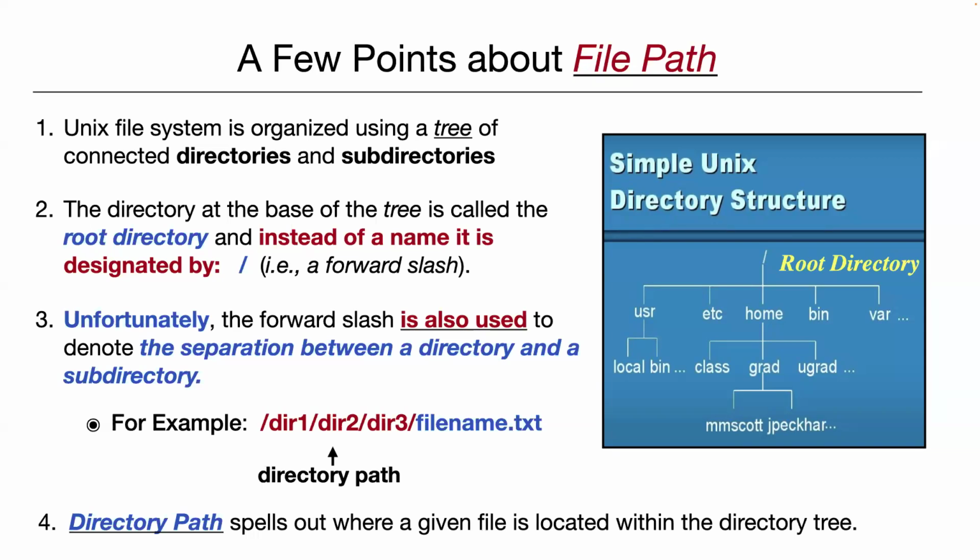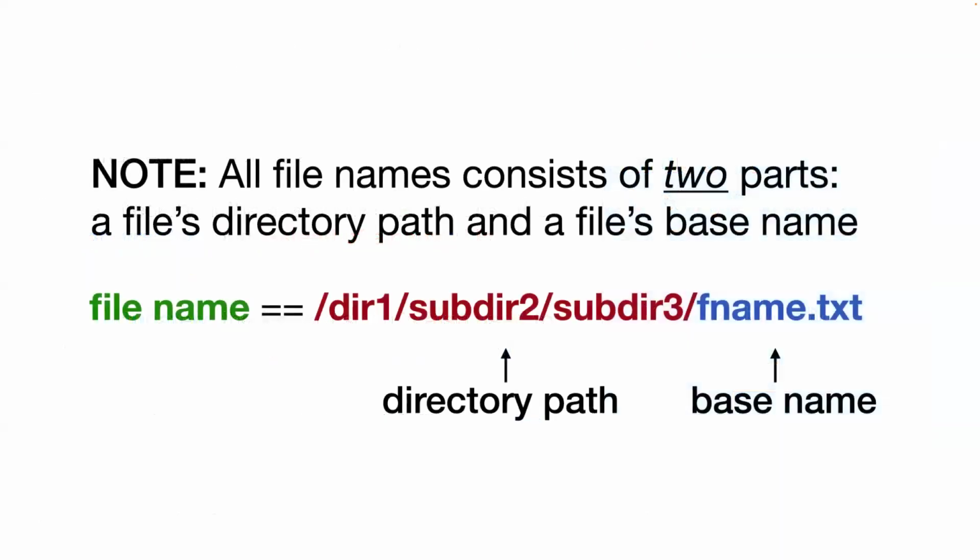There's home, there's grad students and undergrads, and you can create folders and subfolders, if you want to call them folders, but directories and subdirectories, all the way down. And I will point out, because this will come up if you want to understand some of the code, that in Unix, the full name of a file is the path.